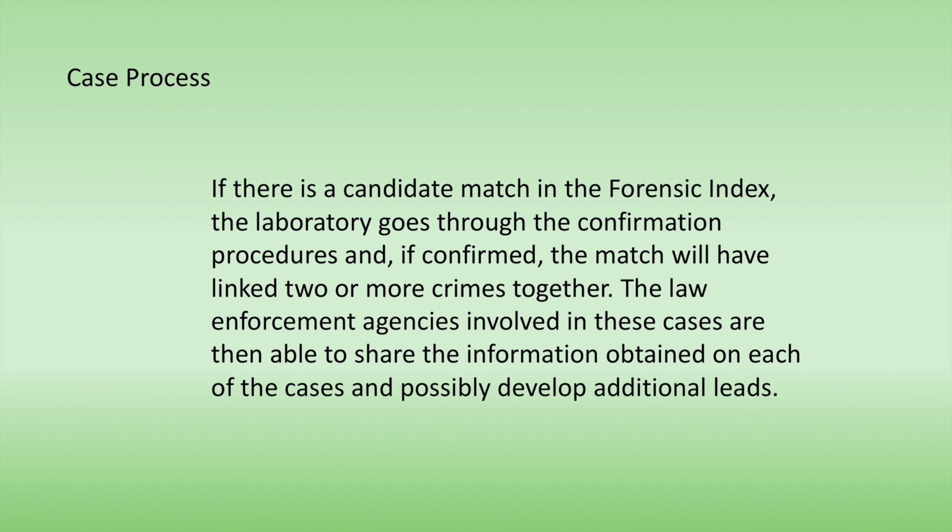If there is a candidate match in the Forensic Index, the laboratory goes through the confirmation procedures, and if confirmed, the match will have linked 2 or more crimes together. The law enforcement agencies involved in these cases are then able to share the information obtained on each of the cases and possibly develop additional leads.